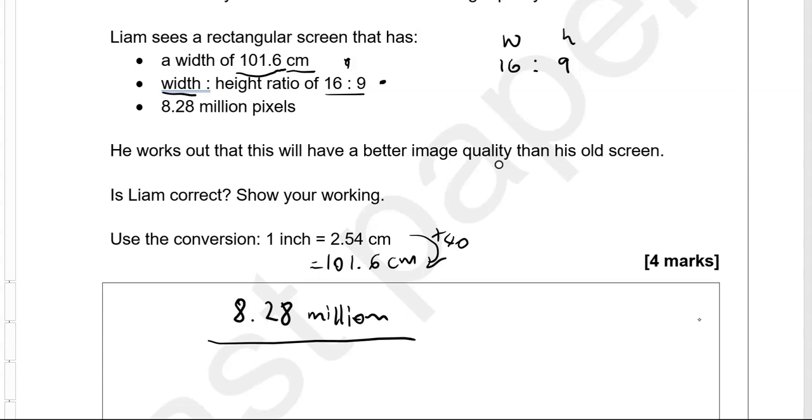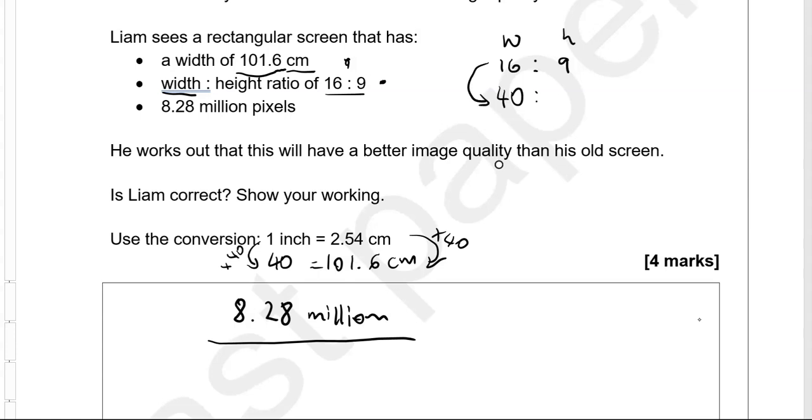So 2.54 times 40 gives us 101.6. So we'll do the same on this side. So 1 multiplied by 40 gives us 40. So the width is equal to 40 inches.